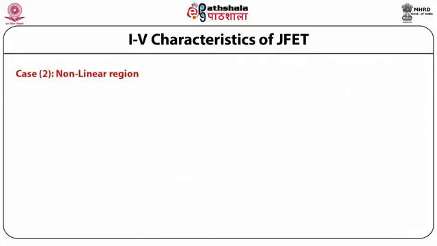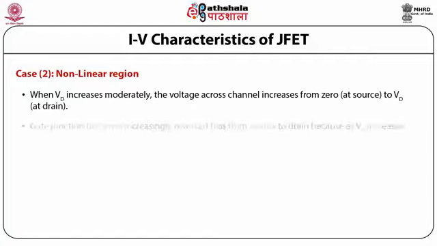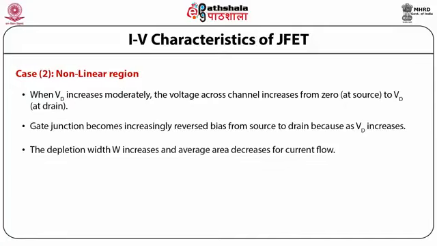So case 2 is the nonlinear region. When Vd increases moderately, the voltage across the channel increases from 0 at the source to Vd at the drain. The gate junction becomes increasingly reverse biased from source to drain because as Vd increases, the depletion width W increases and the average area for the current flow decreases.